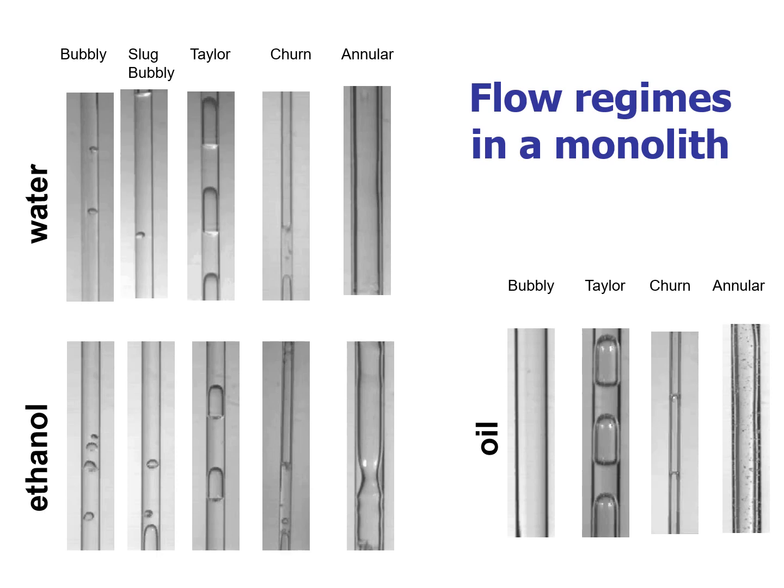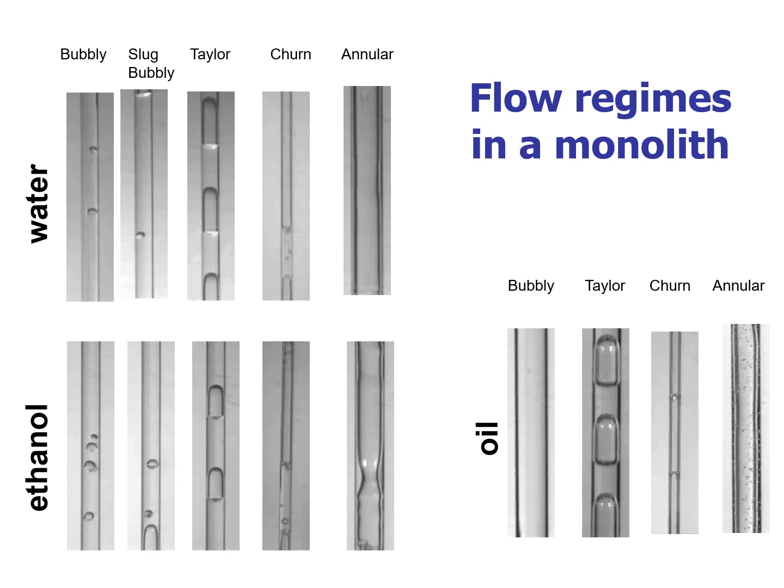This is the most desirable flow regime for use in monolith reactors. Increasing the gas velocity further, we have the churn flow. Very, very long elongated slug. And if the gas velocity is increased further, we have a central portion that is just the gas phase, and we have annular flow.